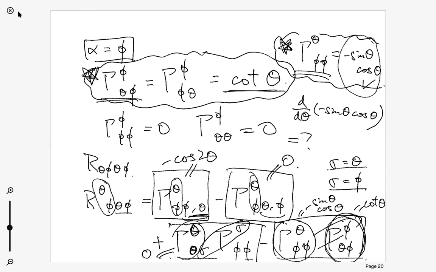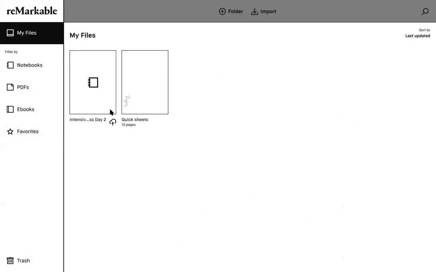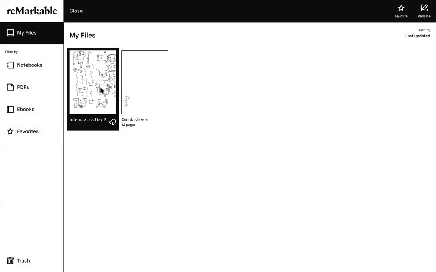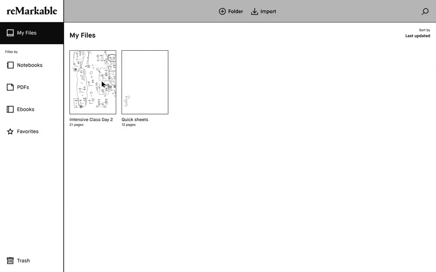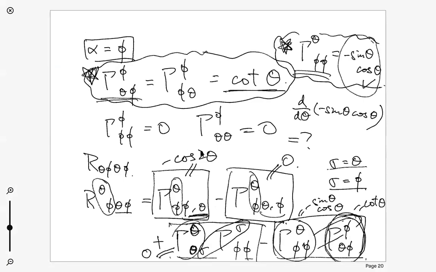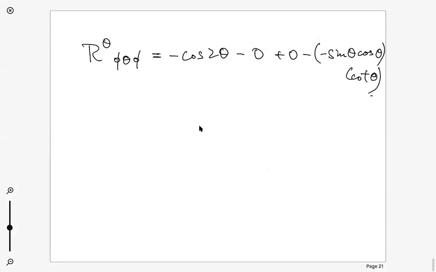So if you are doing the calculation, we should be able to get cosine squared theta for the last term, right? And then actually, the cosine 2 theta, oh okay, it finally comes out.